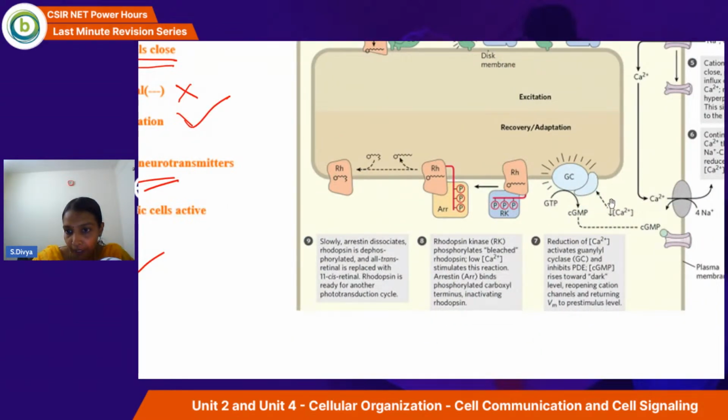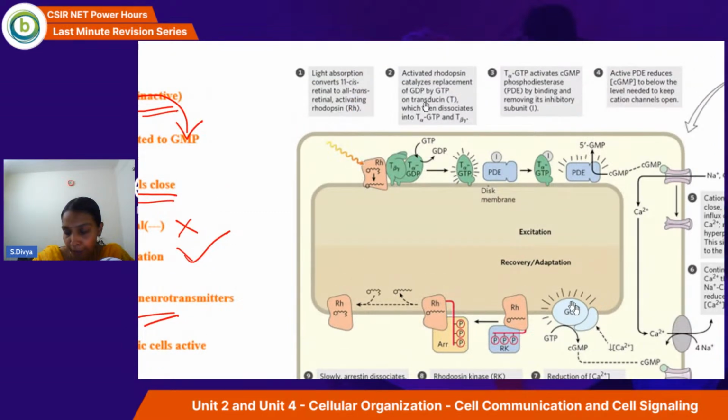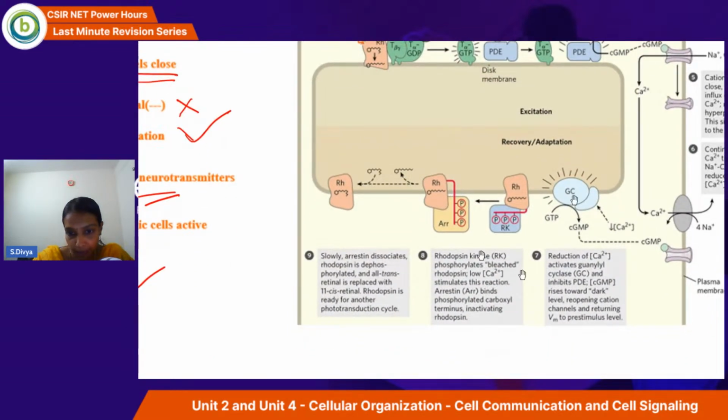So we have light phase, dark phase. After that, adaptation phase. Now, in this phase, what happens? Rhodopsin kinase phosphorylates the rhodopsin. So this is phosphorylated. This is phosphorylated. Into that, arrestin comes and binds. So what happens? Rhodopsin is inactivated. Exactly, Sunshine, you got it.